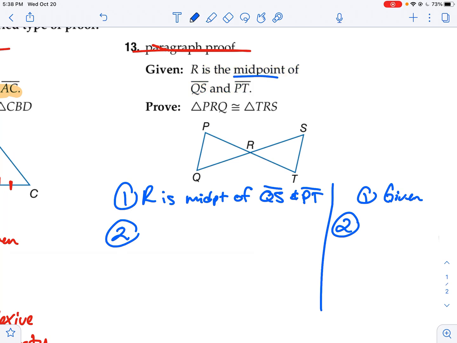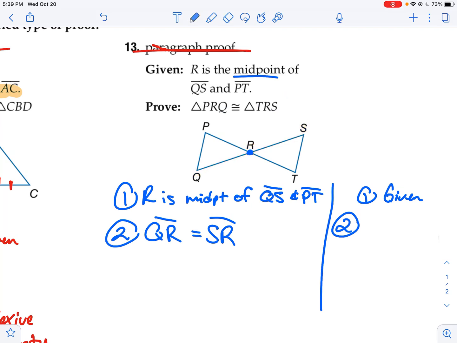And I can define midpoint. If R is the midpoint of QS, what can I say about those segments if R is right in the middle of QS? Well, that would mean that QR must be congruent to SR. I should say SR so that I'm consistent with the naming conventions up here.